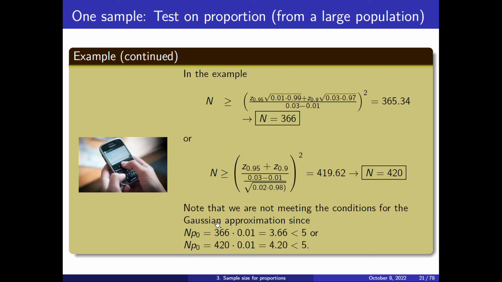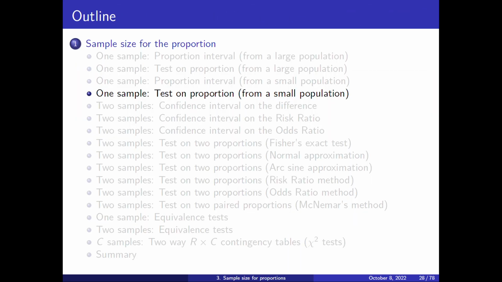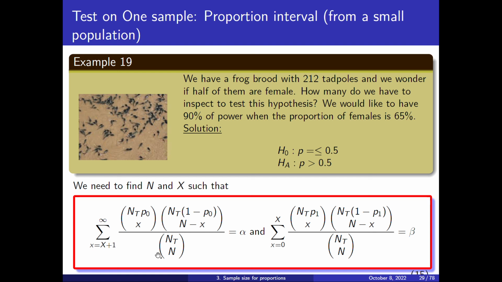And we have the same kind of equations that we had before. You know everything: you have P0, which is 50% in this example, P1, which is 65%, and alpha and beta you also know, and NT is the total number of animals in the pool.